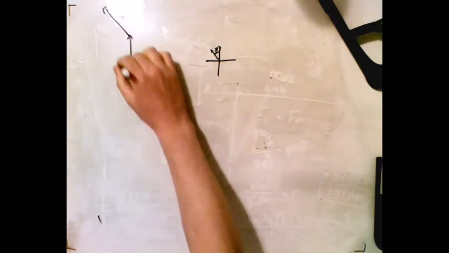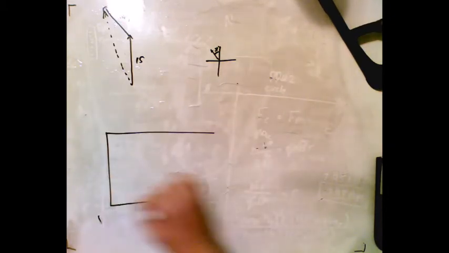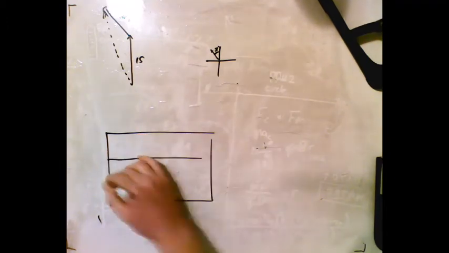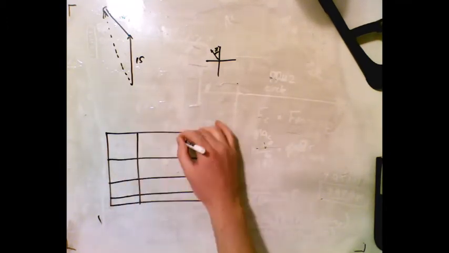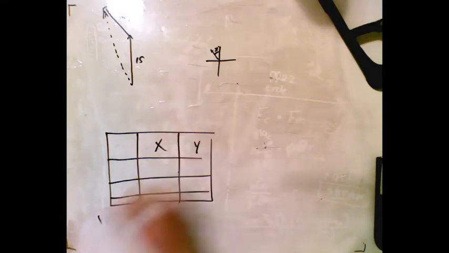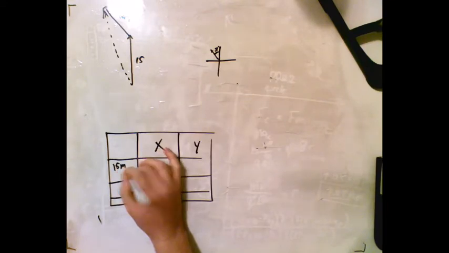So when we draw our tip to tail, we don't get a right angle triangle, which means that we're going to have to do an RCS chart. This is X, this is Y. The first vector is 15 meters and it goes straight north.